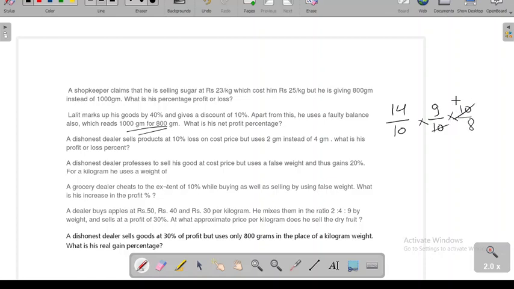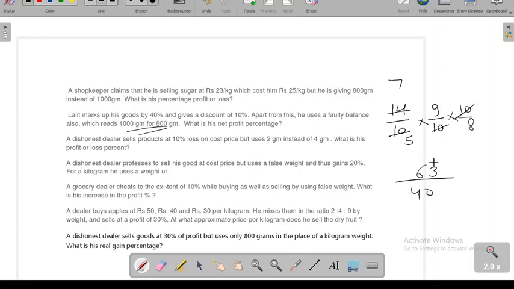10 can cancel. That is 7. This is 5. So 63 by 40. So you have to solve 63 by 40, or directly you can find the percentage here.